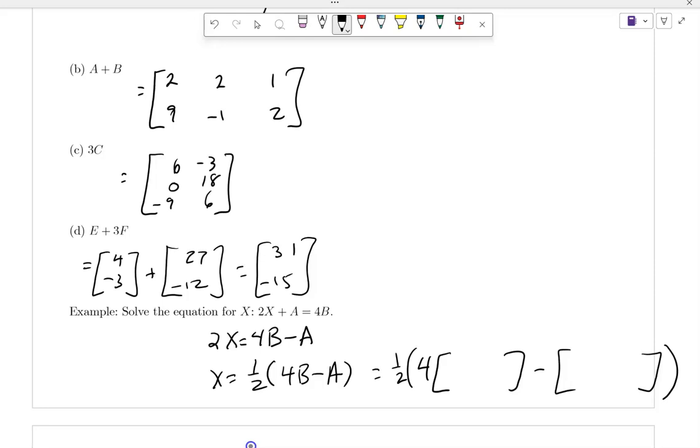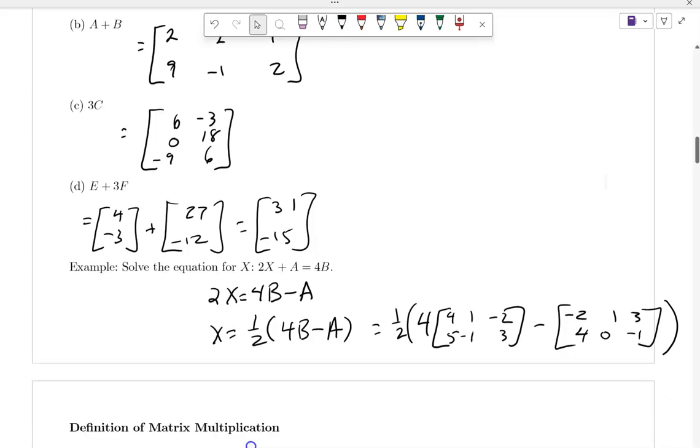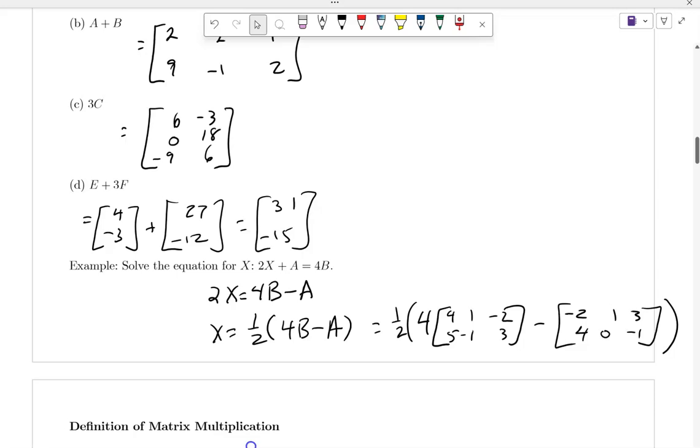So A is -2, 1, 3, 4, 0, -1, and the B is 4, 1, -2, 5, -1, 3. Didn't leave a lot of space here. That's all right. First thing we'll do is what on the inside? Multiply by the 4, right? 16, 4, -8, 20, -4, 12.